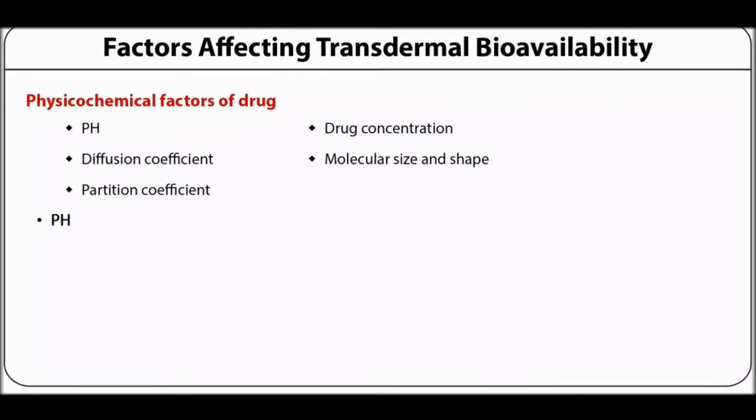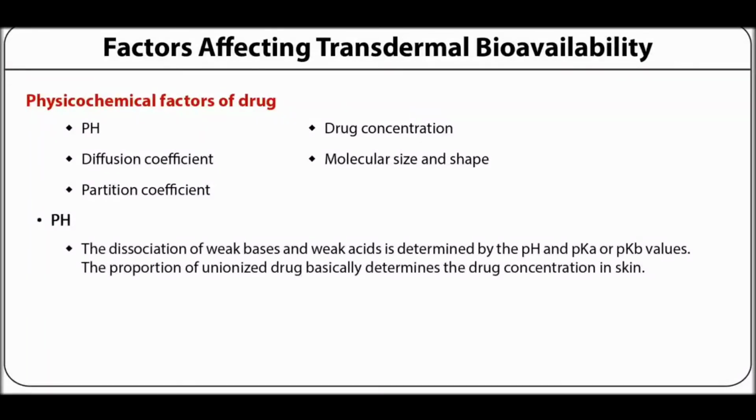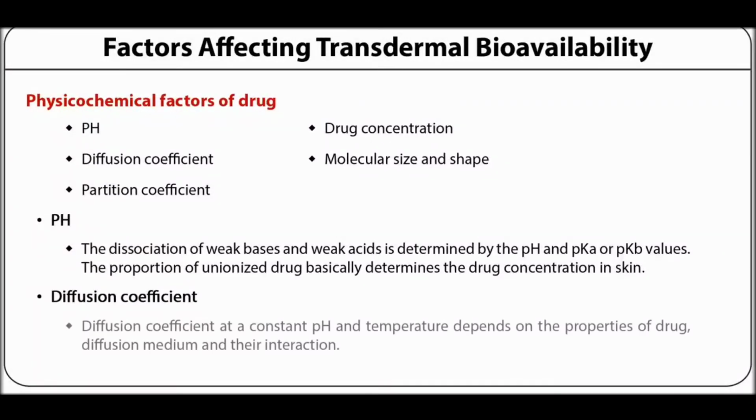Beginning with the pH, the dissociation of weak bases and weak acids is determined by the pH and pKa or pKb values. The proportion of unionized drug basically determines the drug concentration in skin. Diffusion coefficient at a constant pH and temperature depends on the properties of drug, diffusion medium and their interaction.